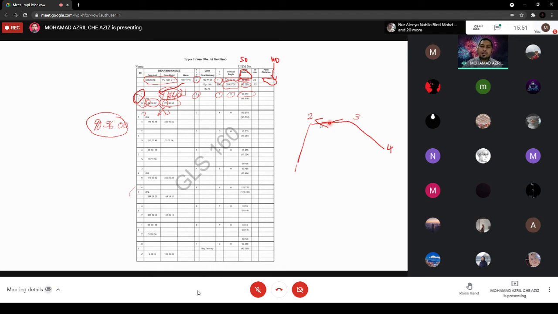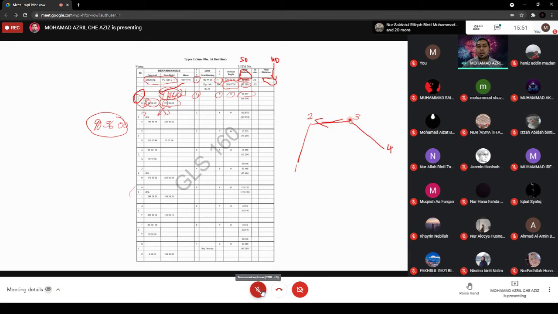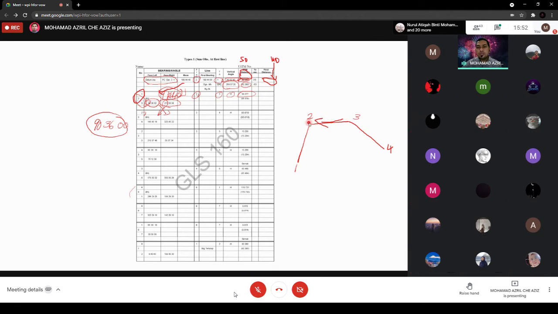But before that, for 3 to 2, are you required to take the vertical angle, slope distance or any distance that you need to record? No need, because at this stage 3 to 2 you only refer, since the horizontal distance you already have in this line.